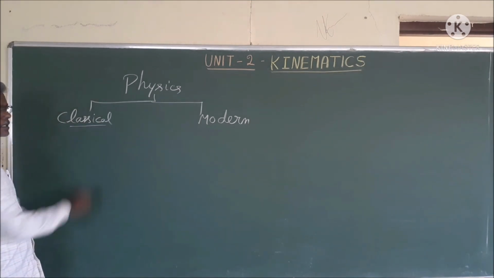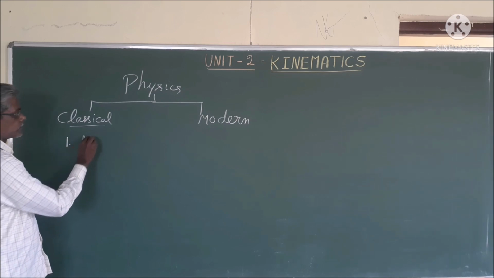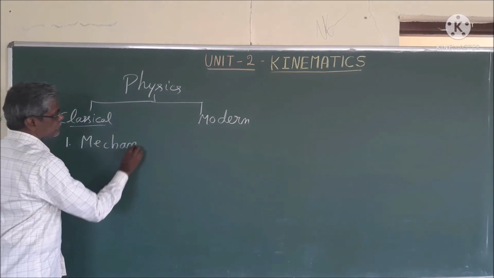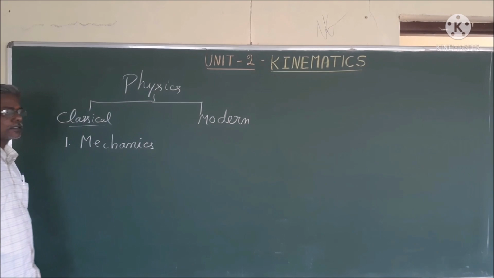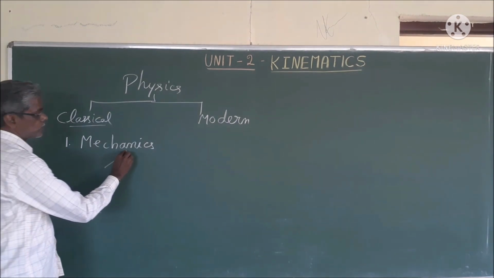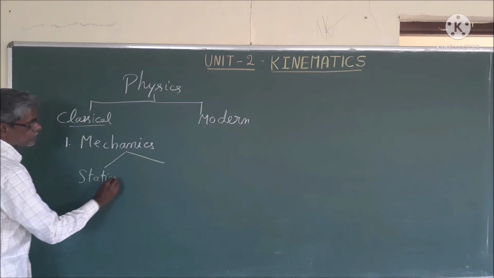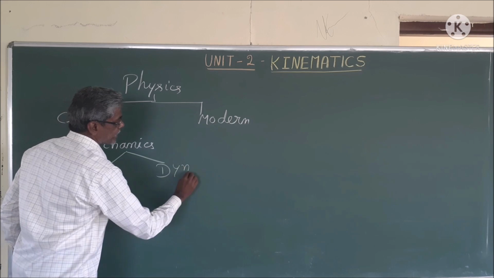In classical physics there are 7 branches. One of the branches is mechanics. This mechanics is classified into two types: one is statics, the other one is dynamics.